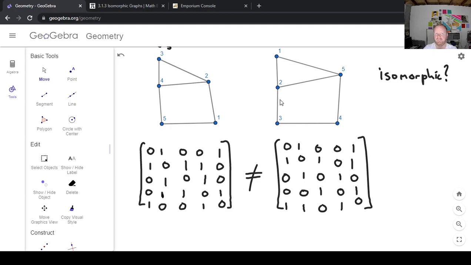So that definition that we have for isomorphic, saying that they can have identical adjacency matrices, that's just a matter of labeling them.